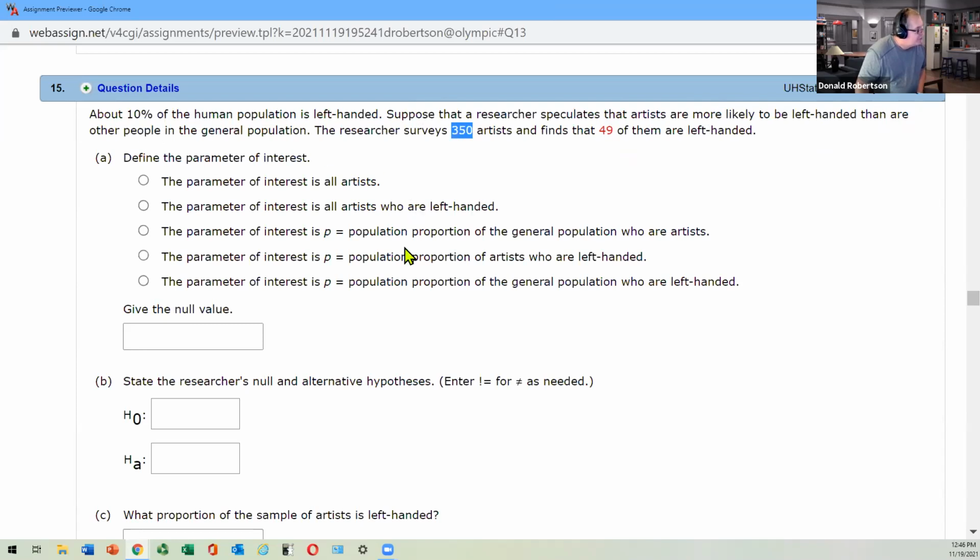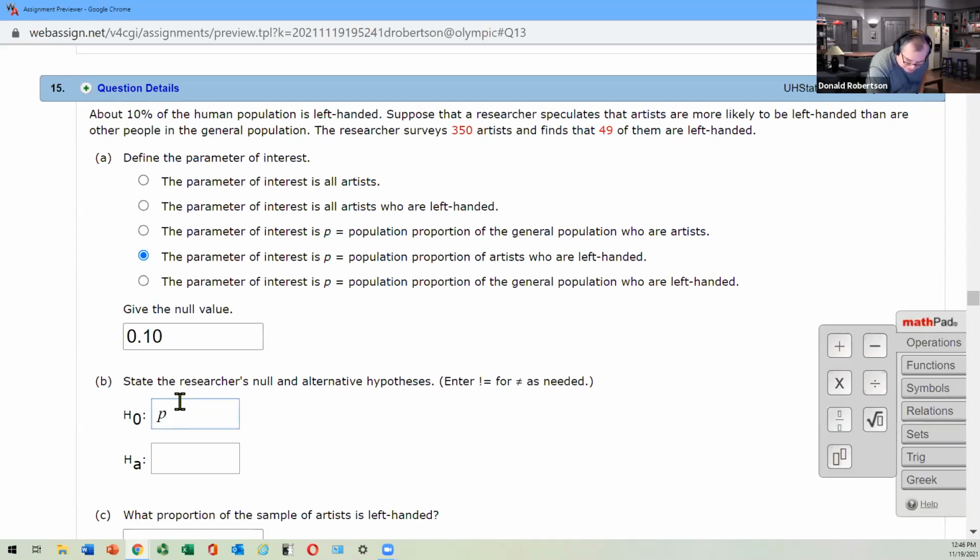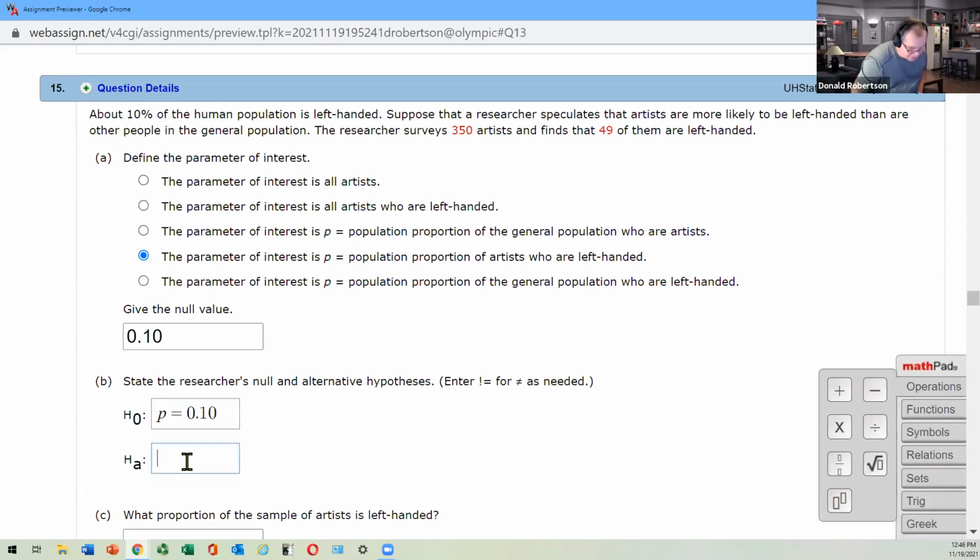Now, define the parameter. And the parameter of interest here is the population proportion of artists who are left-handed. Now, what would the null value be? Well, they think it's bigger than 10%, so the null value would be 10. And so we would say P equals 10%. And the alternate would be that for artists, it's bigger than 10%.